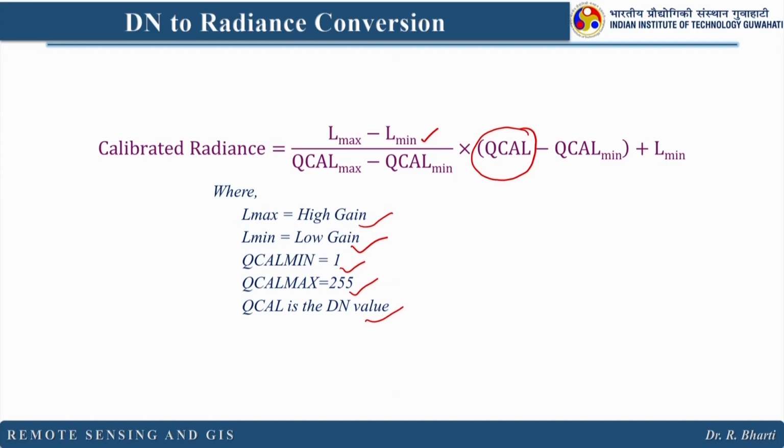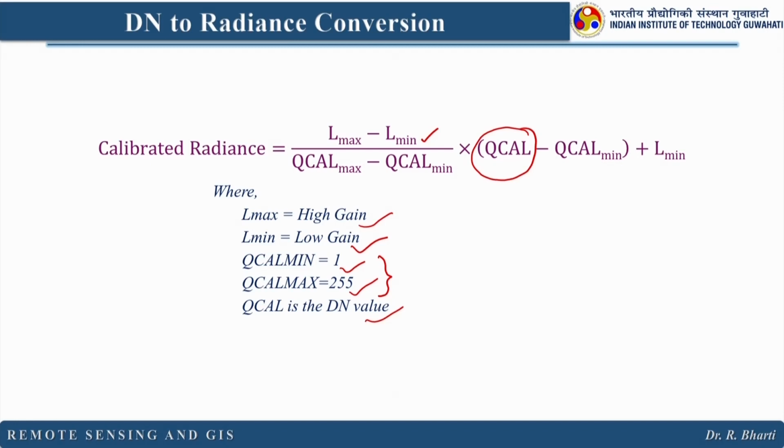Now here you have to decide. When you download the image, you should know the resolution of this image: spatial, spectral, radiometric, right? And from the radiometric resolution you know whether it is 8-bit data, 12-bit data or 16-bit data, right?